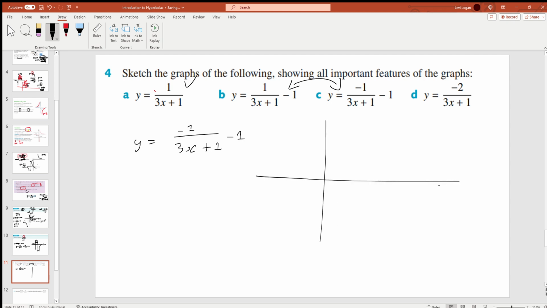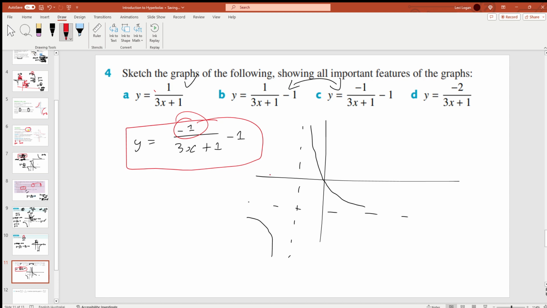Our previous curve looked like this. It went through here and here. Our curve now, because of this -1, is going to look something like this. It's been reflected. So from our red curve, we can see we've got one x-intercept and one y-intercept.